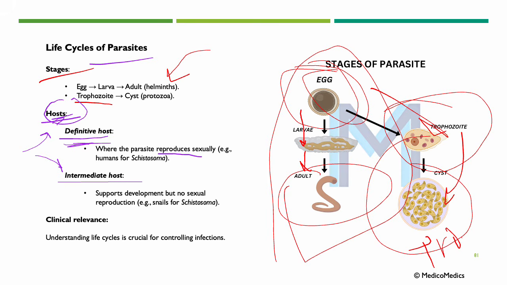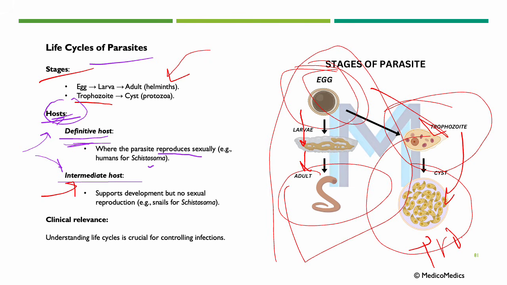So, for example, in schistosoma, humans serve as a definitive host because the adult worms live and reproduce sexually in the human bloodstream. All right? Now, what about intermediate host?